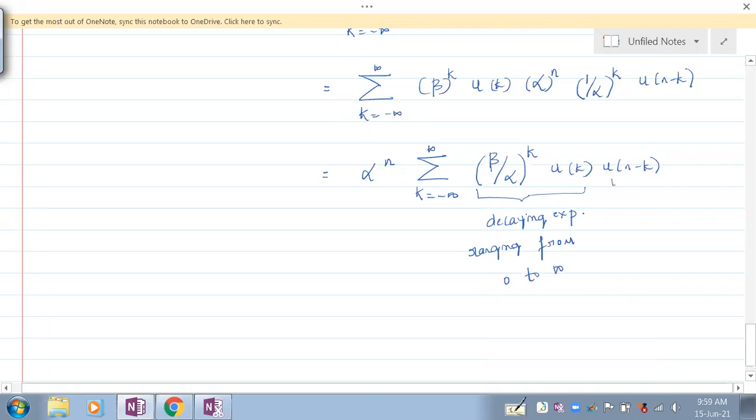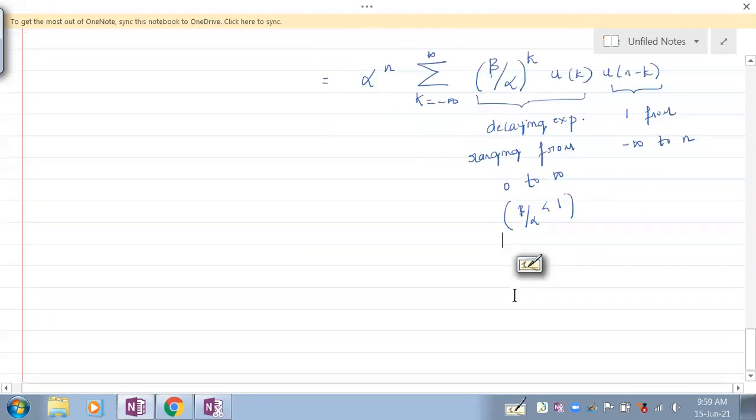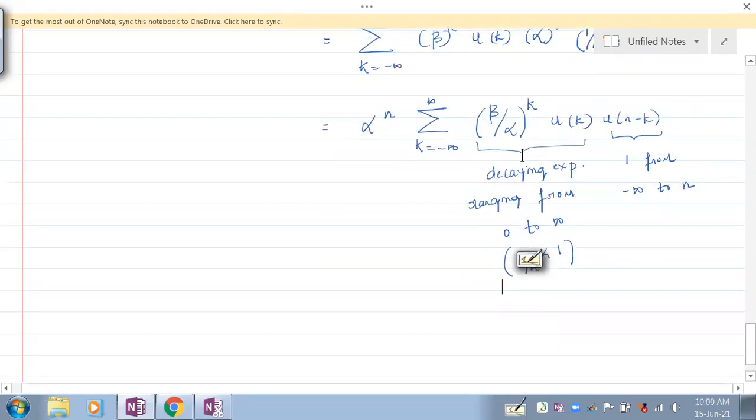And this other signal, u of n minus k, is 1 from minus infinity to n. We have been seeing this. It is a decaying exponential from 0 to infinity as beta by alpha is less than 1. That's why it is a decaying exponential. So we need to sketch this now. And this y of n, what we've got now, is equation number 1.